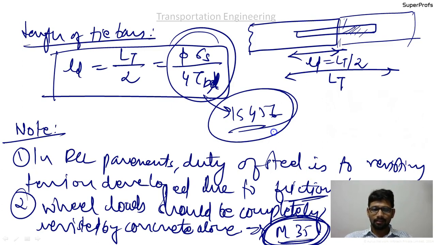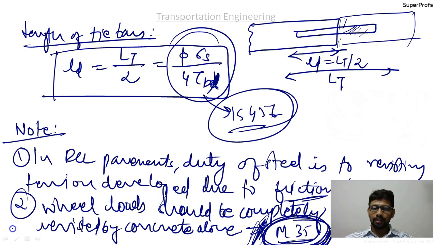That is the general criterion in RCC, though in a few cases it might be less or more. But as far as pavements are concerned, the minimum grade of concrete to be used is 35 MPa, since the wheel loads are completely resisted by concrete alone, and steel doesn't play any role in resisting the wheel loads in rigid pavements, okay guys.